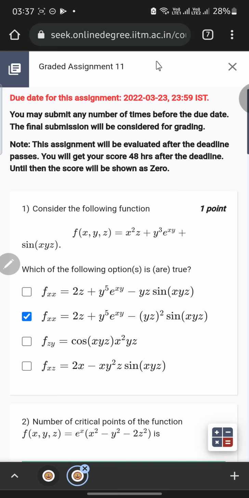Next we need to find f of zy. First we take the derivative with respect to z, then y. When we take the derivative with respect to z, we get x square plus, this would be 0 as there is no z term here, plus cos xyz into xy, taking it whole.